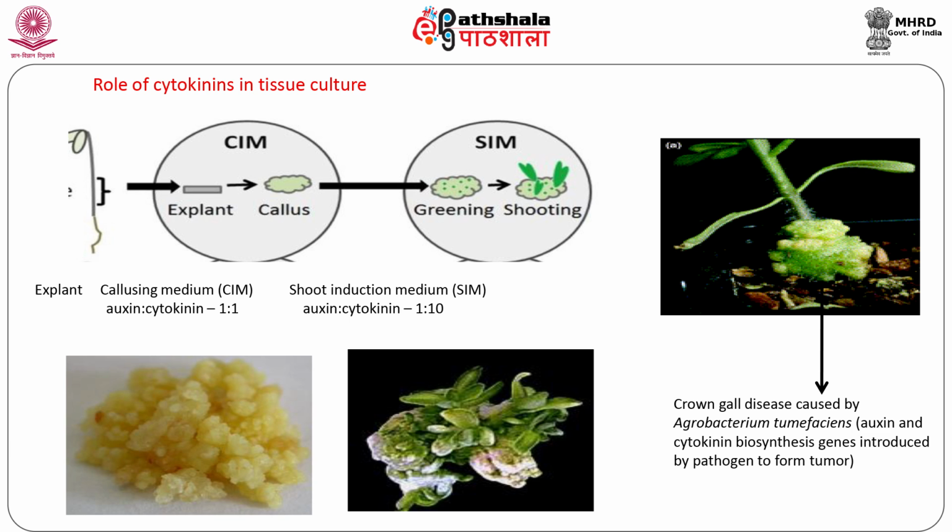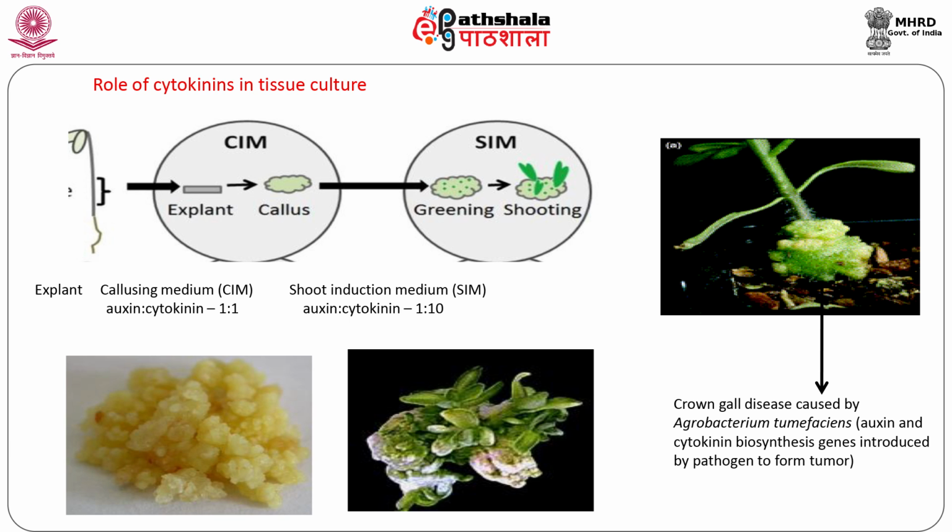The pathogenic bacteria, Agrobacterium tumefaciens, is known to induce genes for auxin and cytokinin biosynthesis into plant cells. The genetically transformed cells grow to form callus, which leads to crown gall disease.